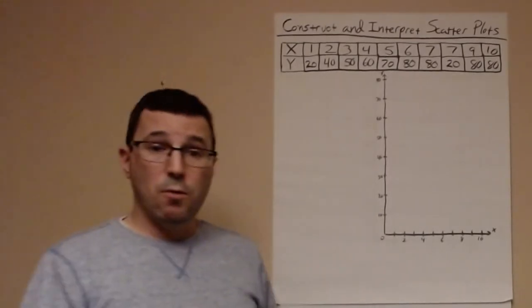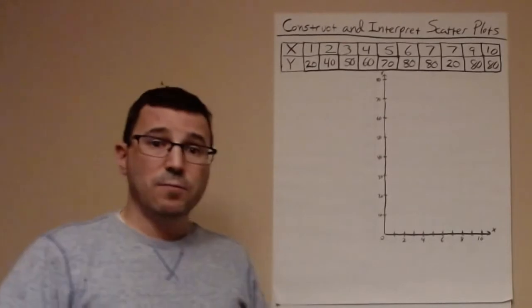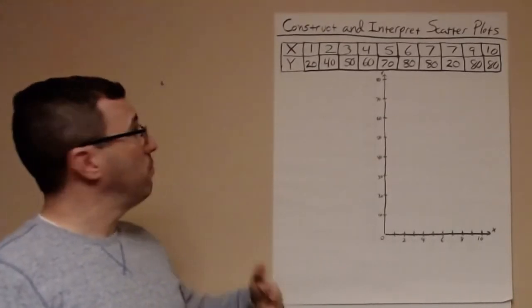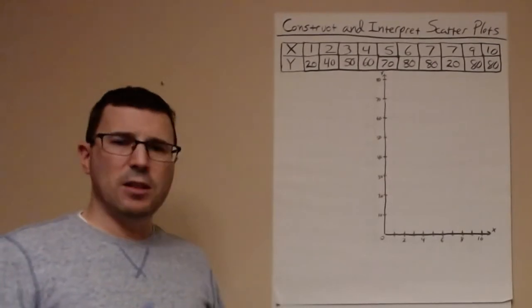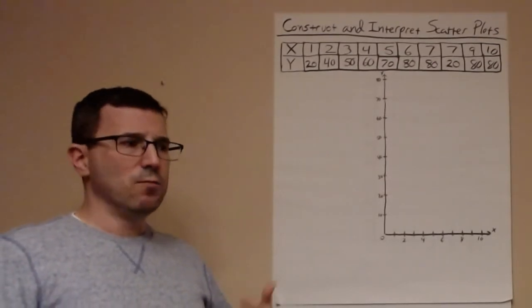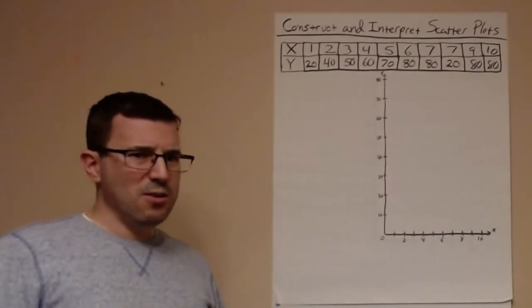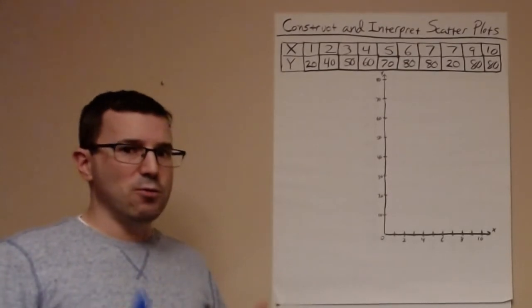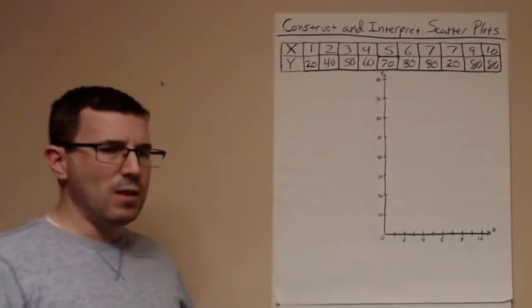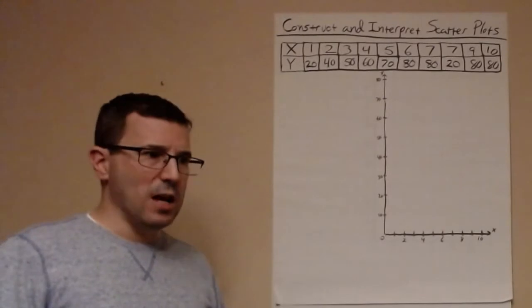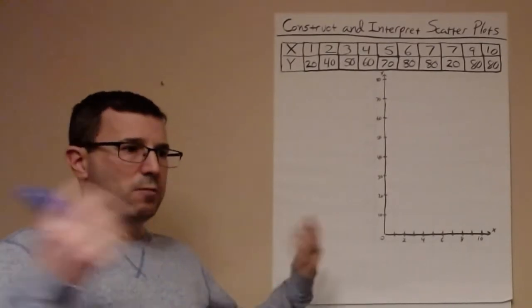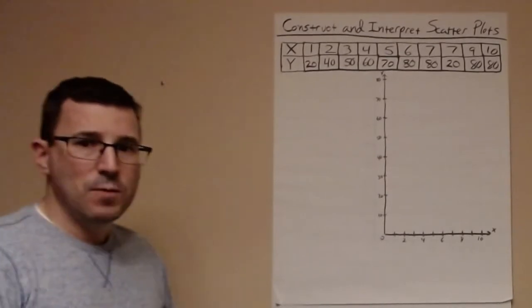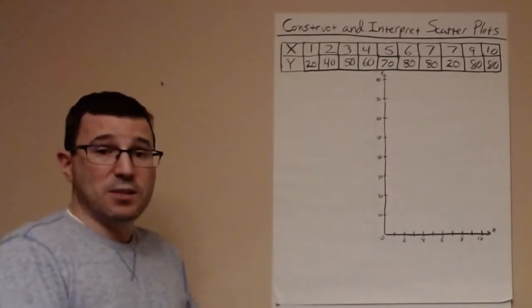So basically for each set of data, we're going to put a point, and then we're just going to look at them and see, is there a connection between these two things, whatever they might be? Height and shoe size, age and IQ, something like that. I don't know, we're just doing the X and Y at this moment.